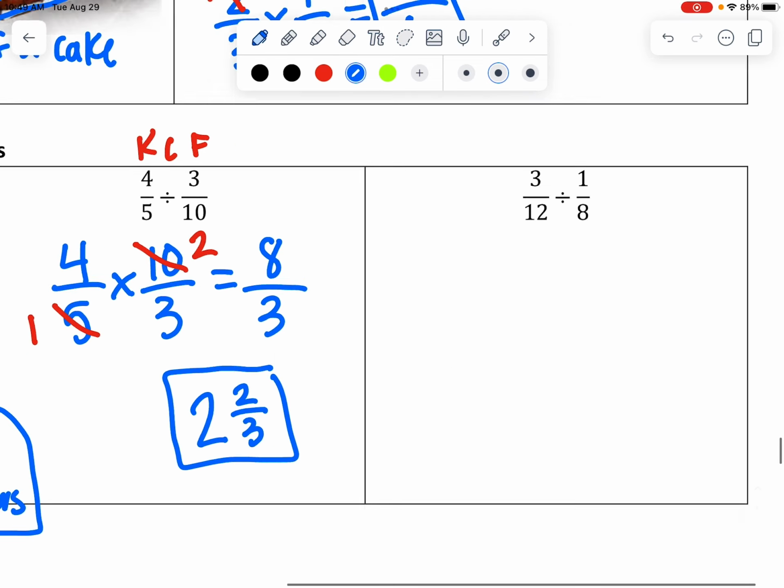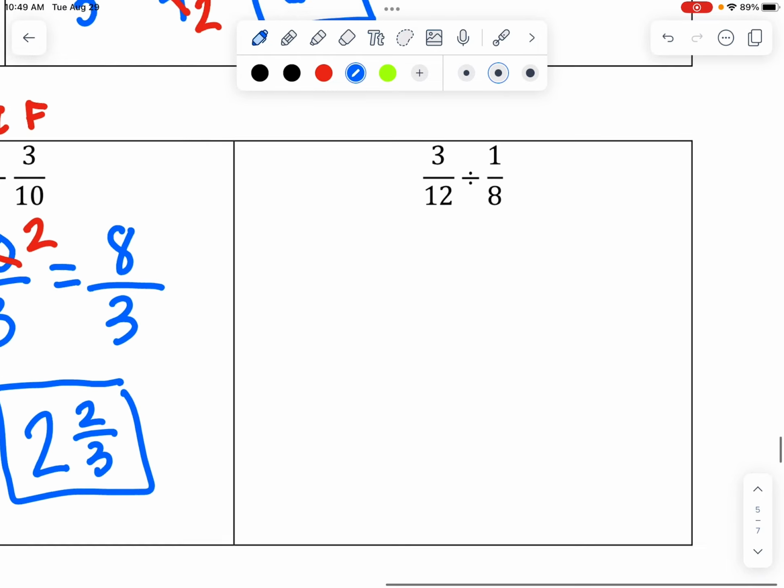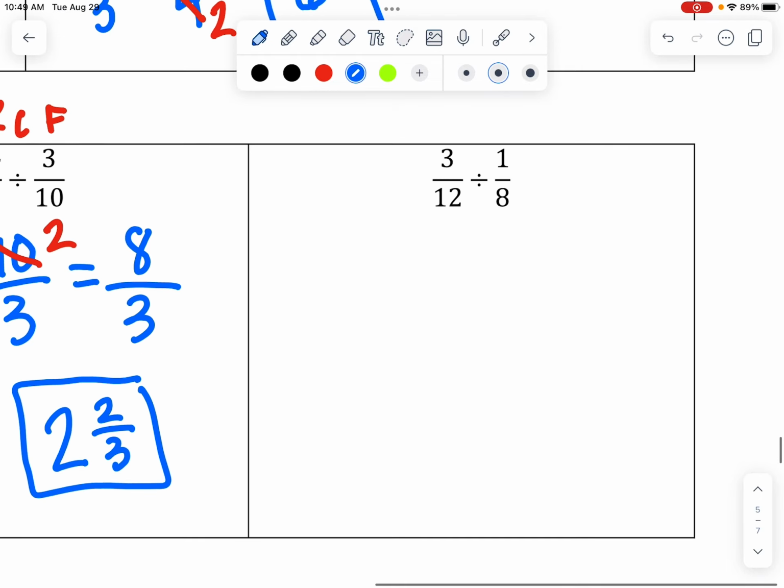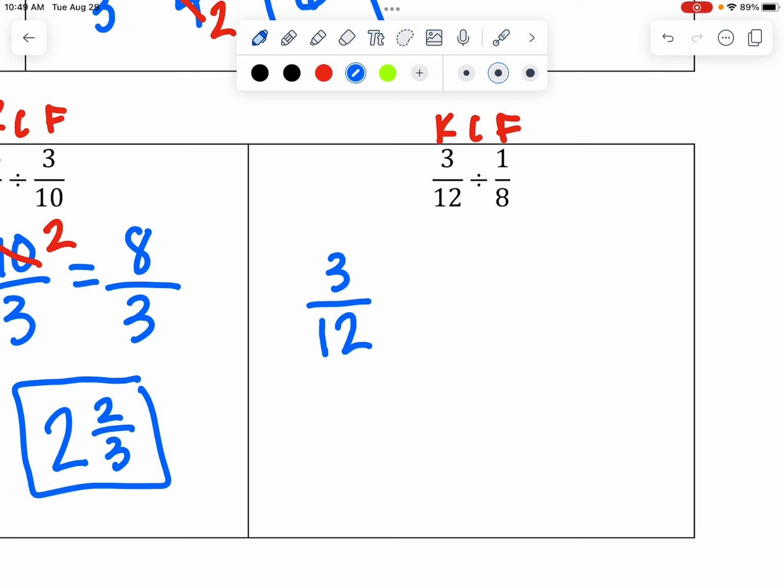Okay. Last question. So start with your keep, change, flip. And we keep 3/12 the same. Change your division to multiplication. And then flip your 1/8 to 8/1. Okay. I can cross divide.